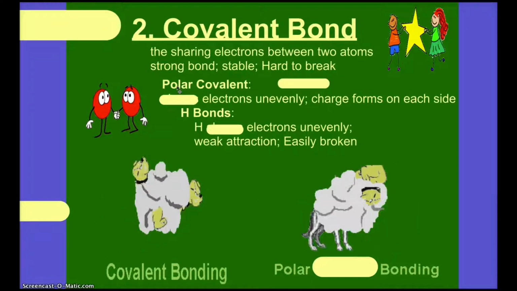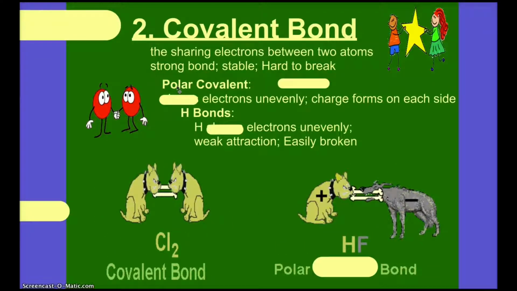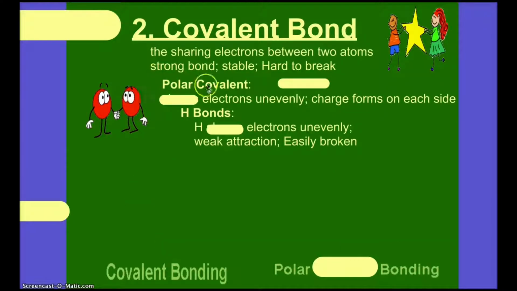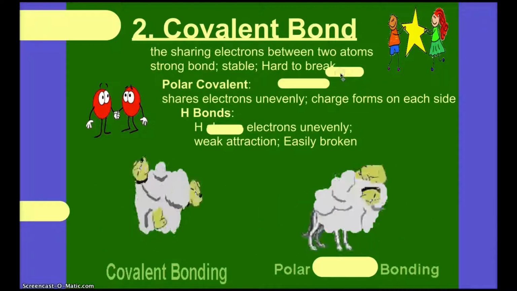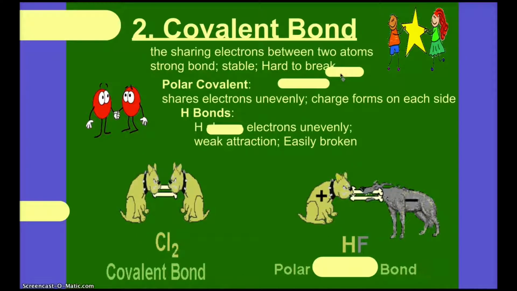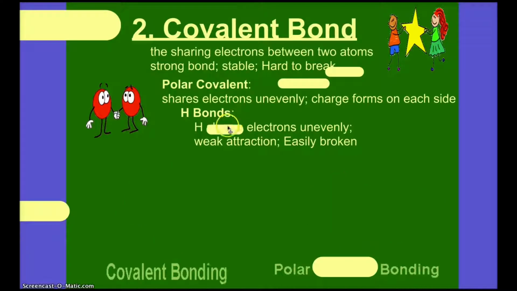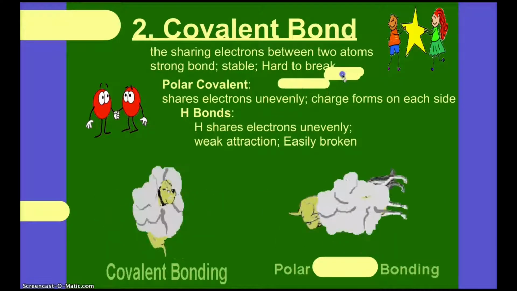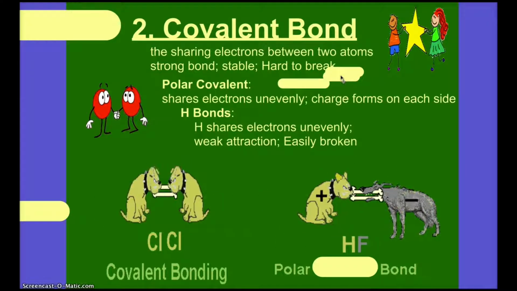We know they're combining, and how? If it's covalent, they share. The share, though, is uneven. One is pulling more than the other. And an example of a polar covalent bond is hydrogen bonds.